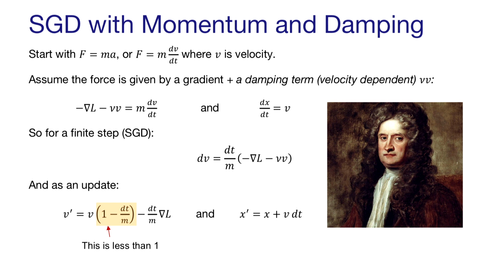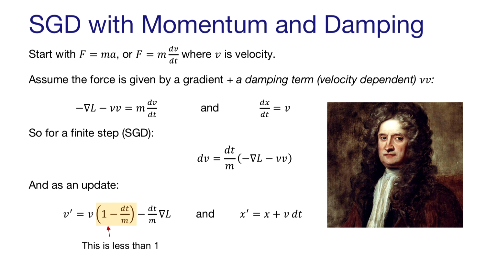But the effect of the momentum, because it does remember the old velocity, will generally prevent it from oscillating back and forth, because effectively you're accumulating your history of gradients from the past, and that tends to convert that oscillation into steady progress in the right direction. So I hope that's sort of intuitive.